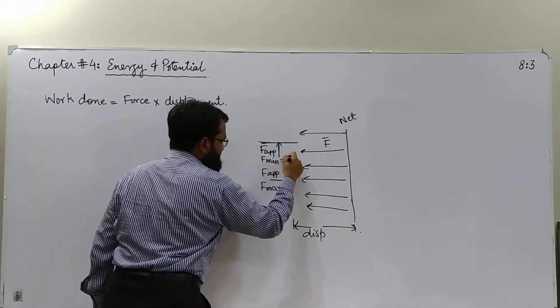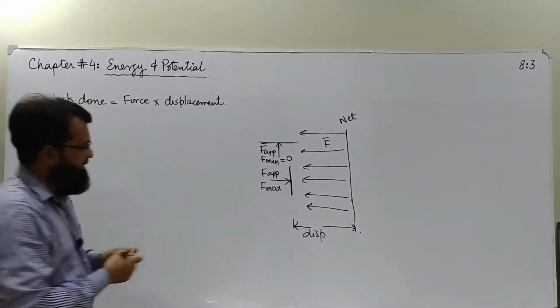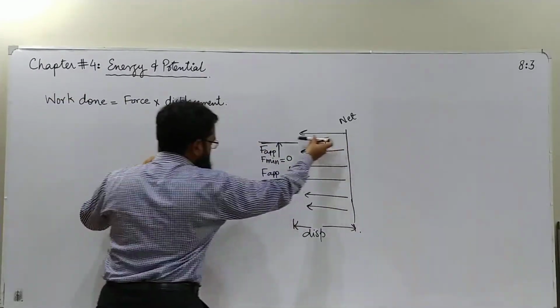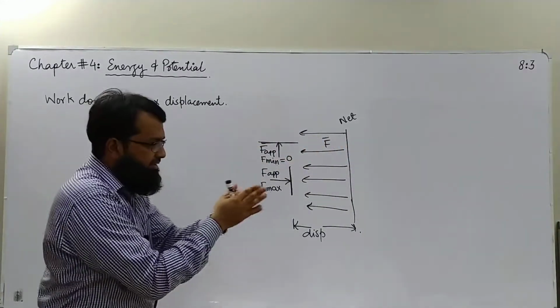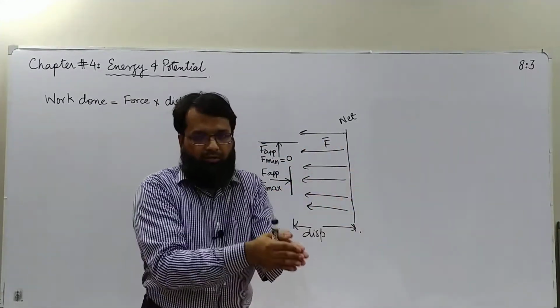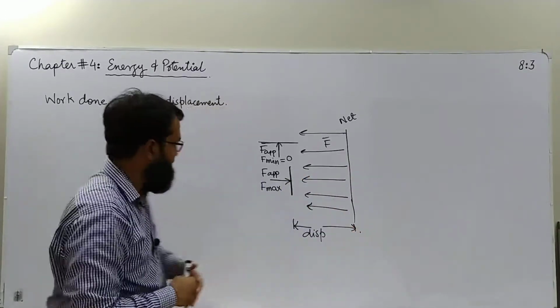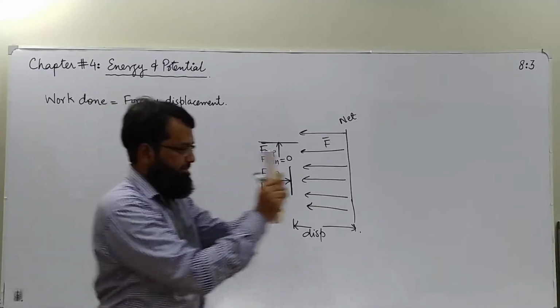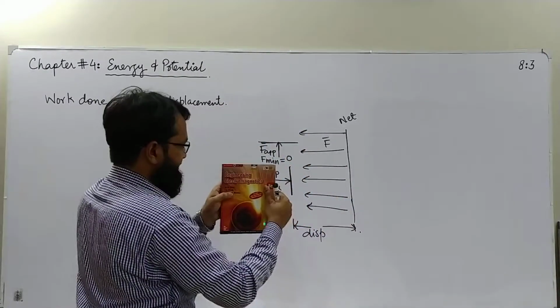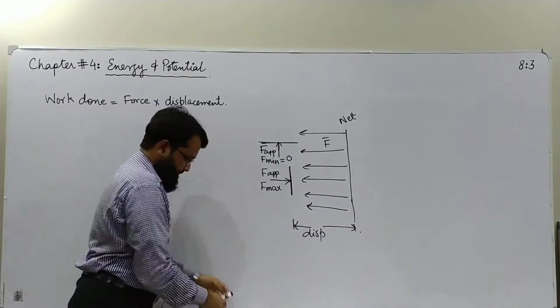And how much minimum? Zero, because the force being applied on the book would be zero. Consider that there is negligible gravitational force and no other force whatsoever. So in this case I'll have to overcome the maximum force, and in this case I'll have to overcome zero force.